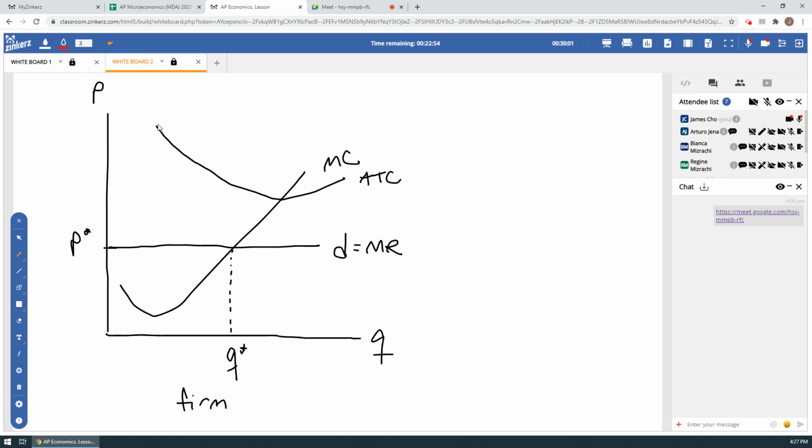Already you should see that, P minus ATC times Q. Okay, my area of economic losses is pretty big. How big? Well, what you need to do is draw out your average variable cost. And let's say here, let's say my average variable cost is here.